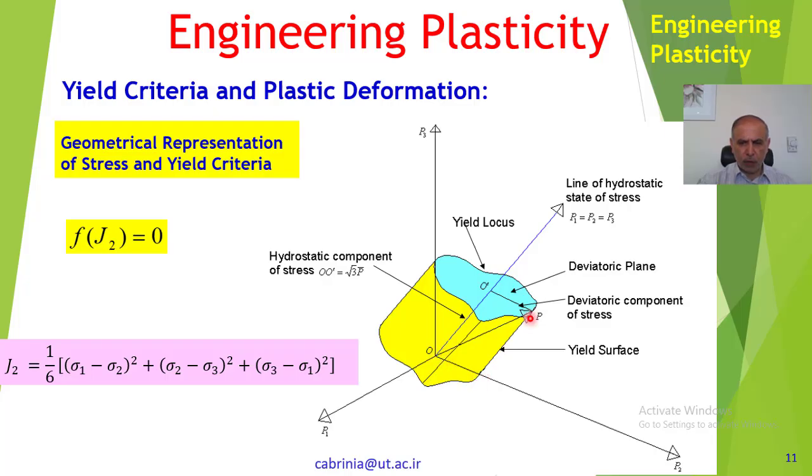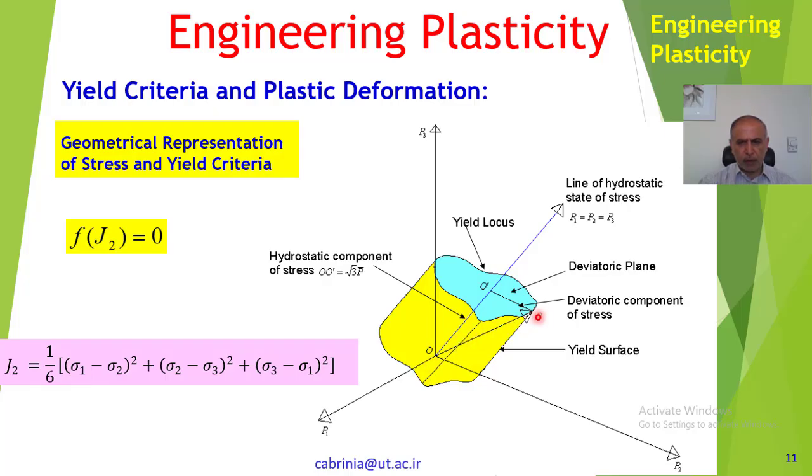You see, this is OP, the state of stress that I showed you in previous slides. And I said that if OP is increased such that it reaches a value which is high enough, then the material yields.